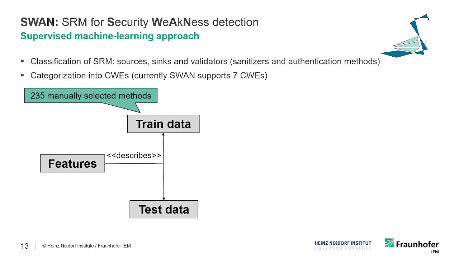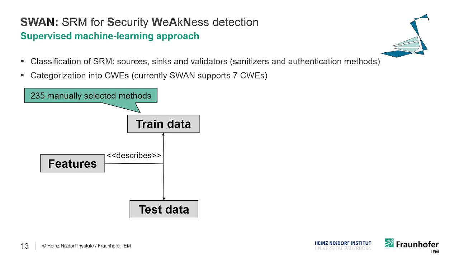So let's say we have a method, and a feature example would be if this method has a void return type. Okay, so this would describe this method, and this will be one feature, so is a void return type.